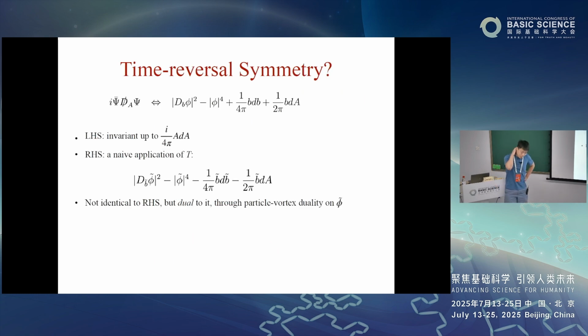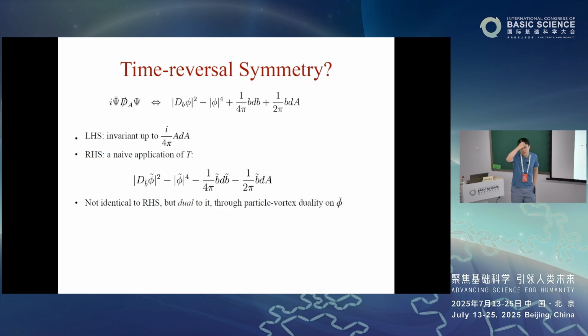There is a slightly more non-trivial check to this duality. In fact, this is the check that was so non-trivial that this was the first evidence that convinced me that maybe this duality really works.